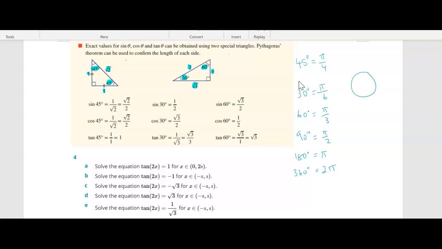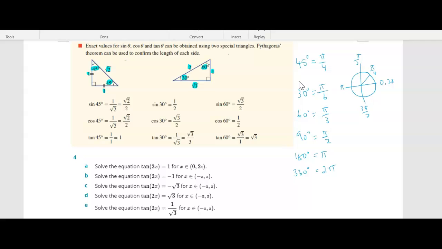Knowing that we start our unit circle at 0 and a full rotation is 2 pi, that means pi must go there. Pi on 2 must go here. 3 pi on 2. Now, if pi on 2 is 90, then half of 90 is 45, and half of pi on 2 is pi on 4. So there's many ways you can remember the relationship. I do think the triangles are the best way, or if you can remember the values in the table.